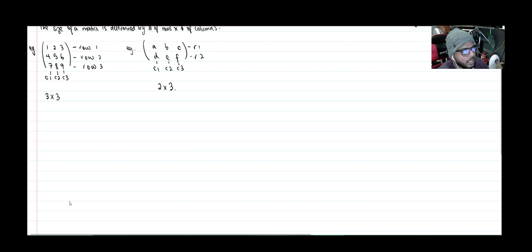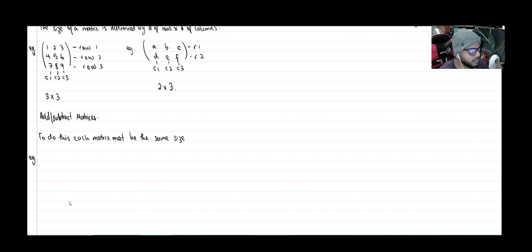Next we need to learn how to add or subtract matrices. Now to do this, each matrix must be the same size.